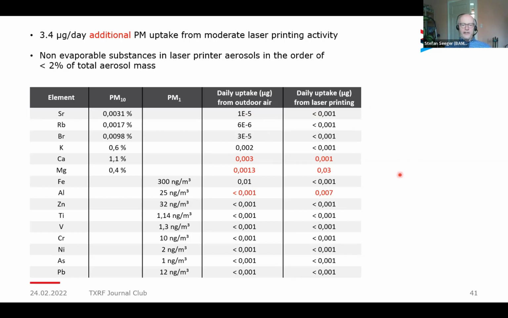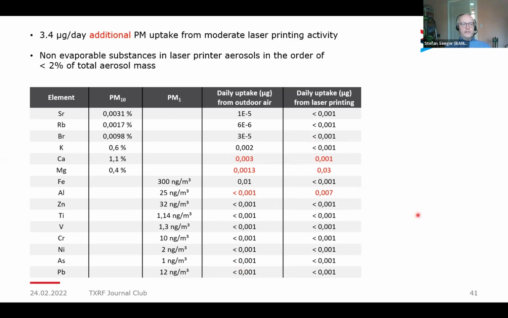And the answer is most likely not, because as you see, there is only a very, very moderately higher uptake from laser print activities to that dose of particles of elements which you already get in a city environment.